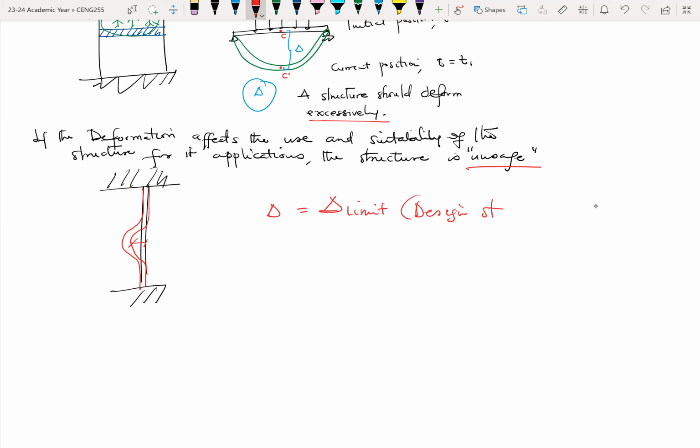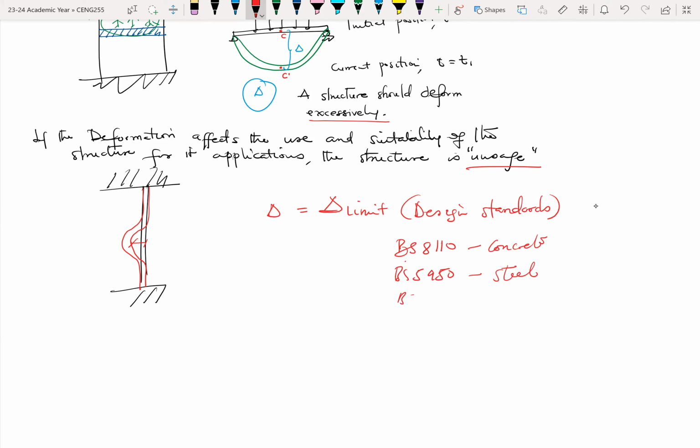Okay. So as I mentioned, some of the design standards are the BS 8110. So there's a British standard. There are so many of them. There is the BS 5950. So this deals with concrete, anything concrete. This deals with anything steel.